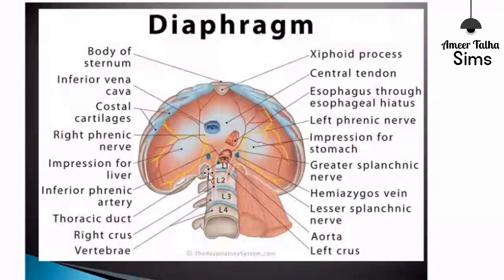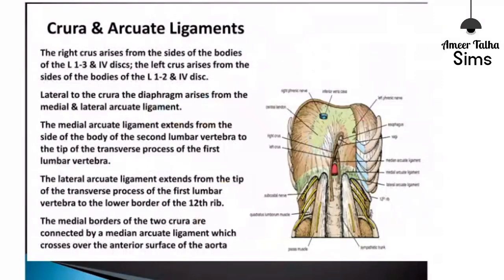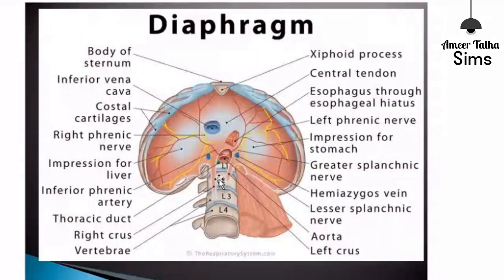This arch, right? And next to it is the lateral arcuate ligament, which extends from the tip of the transverse process of the first lumbar vertebra to the lower border of the 12th rib. This is the medial arcuate ligament and this is the lateral arcuate ligament. The medial arcuate ligament is the tendinous arch in the fascia covering the psoas major muscle.